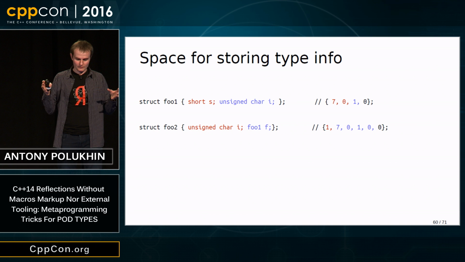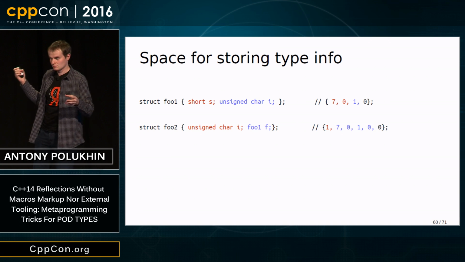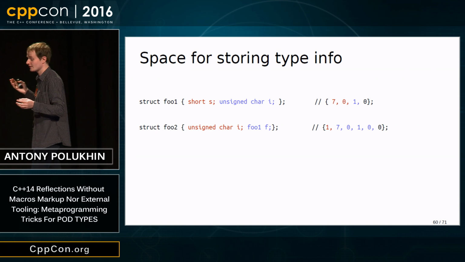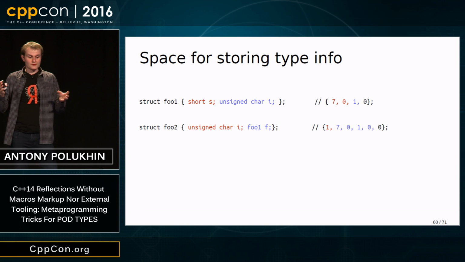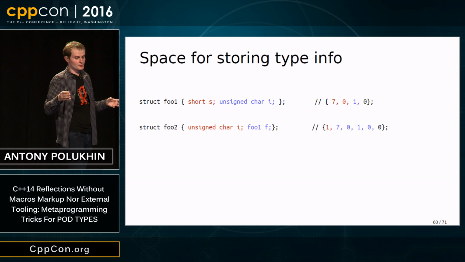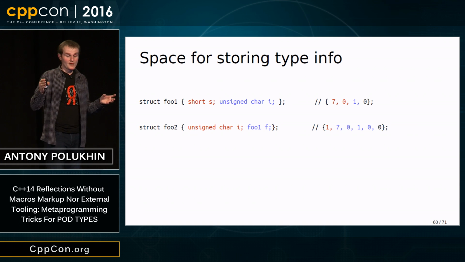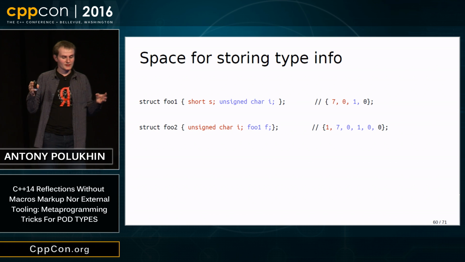That means when we start encoding short, short has identifier 7, but the size of previous fields equals 1, we've got an unsigned char before the short. So we write 7 by index 1. Now, the final field in the structure foo1, it's unsigned char.